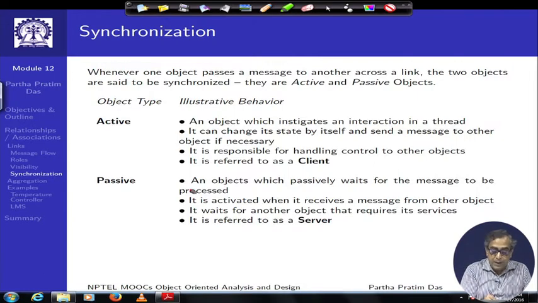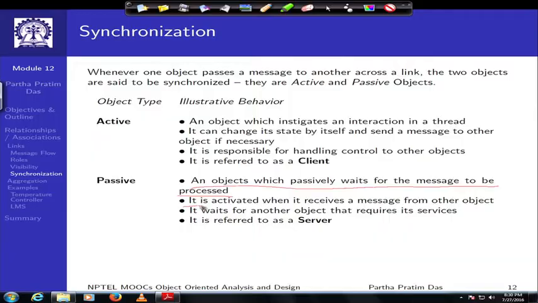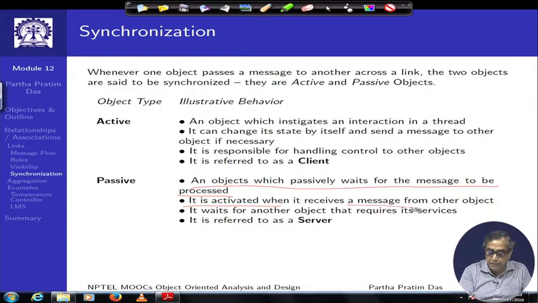In contrast, passive objects passively wait for messages to be processed. They by themselves do not start doing anything, they by themselves do not change their state, they are just threads which are listening to see if there is some message from a client that is arriving. So, they get activated when they receive a message from another object.